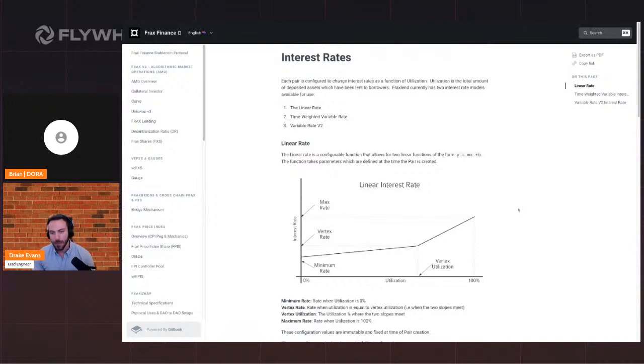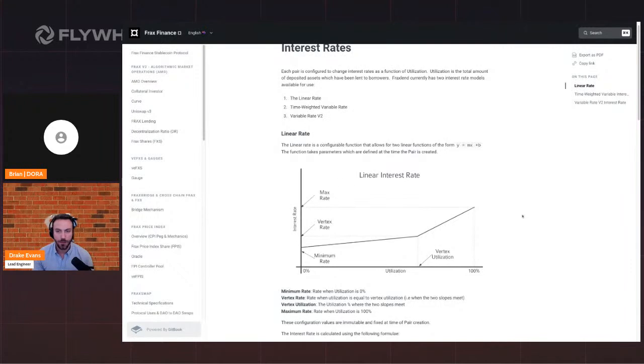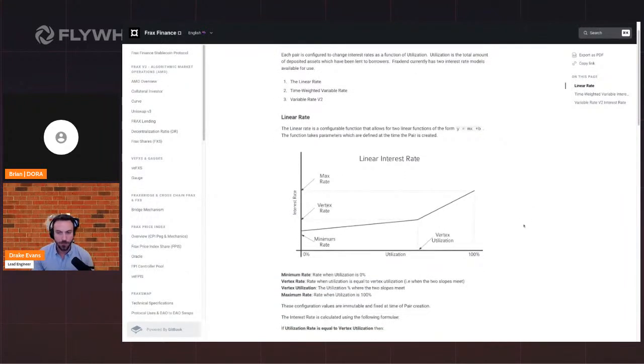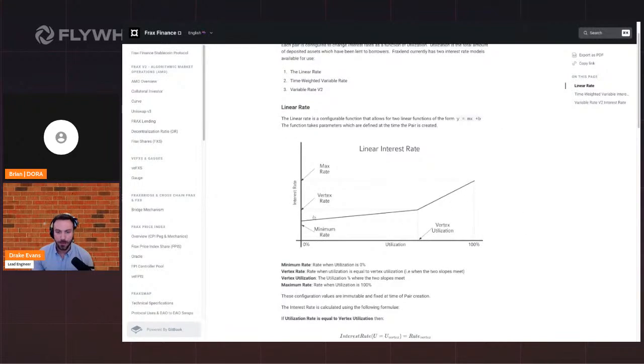So FraxLend V1 used a linear interest rate, and you may be familiar with this concept from big protocols like Aave or Compound, who utilize something like this. It's basically a simple y equals mx plus b, and there are two slopes here.